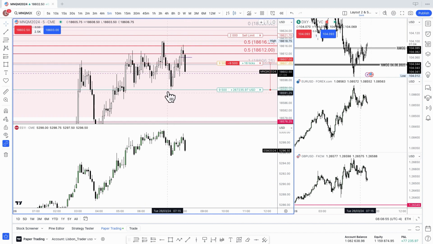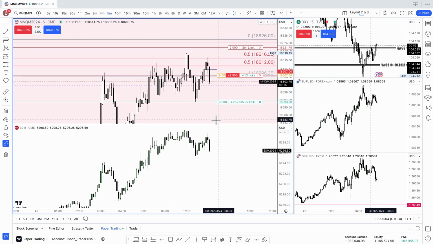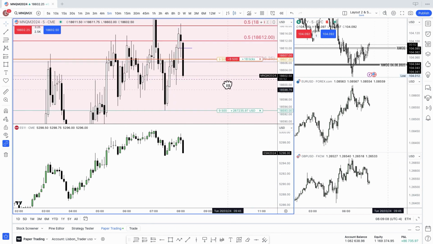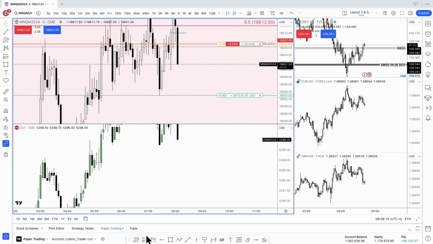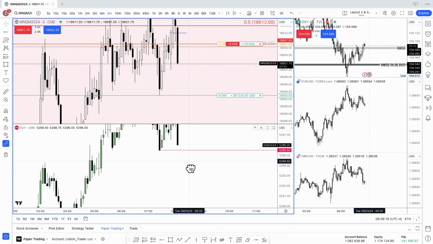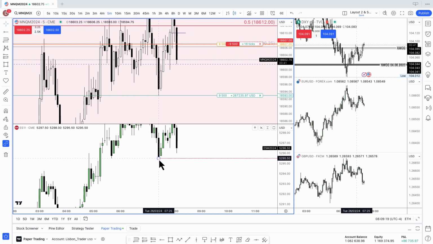If they want to turn, they need to take this one. Now when we have the situation where we have ES crawling to a low and NQ, one of them will do it first. So if ES will do it first, we might expect an... And just concentrate here, sorry.